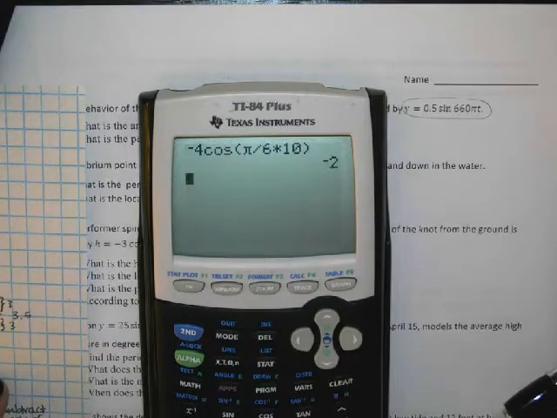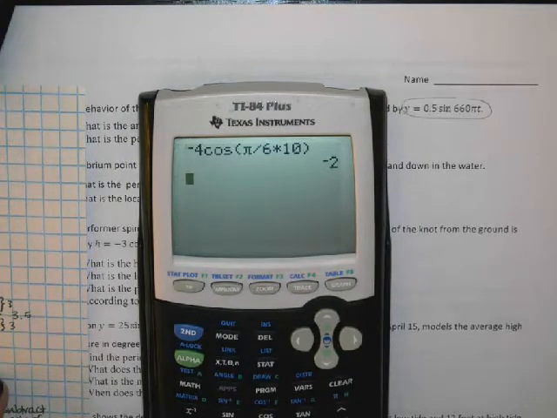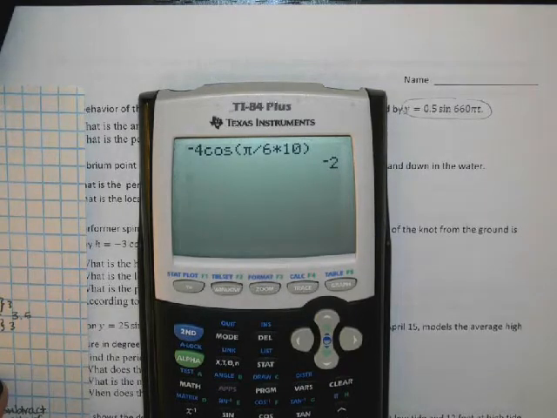In the context of the problem, what does that mean for the buoy? What does -2 mean? Down 2. If the water could be at sea level, there's a level there. Are we above that level or below that level? Below. The waves have made the buoy go to the lower end versus the higher end. Does that make sense?